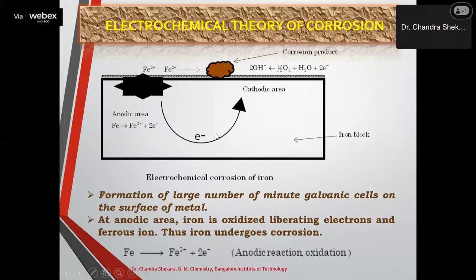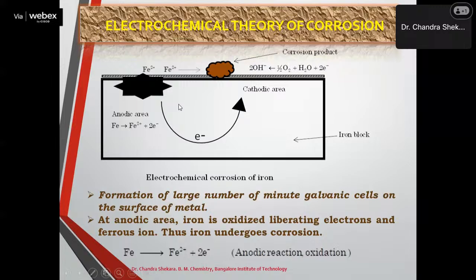Therefore, the first condition which is required for the initiation of the corrosion of iron metal when it is exposed to the environment is the difference in potential across the iron metal. See, there are so many reasons under which a difference in potential can be generated across the iron metal.